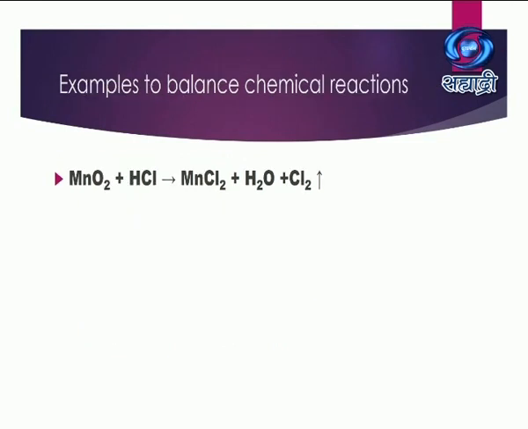Another example, one more. Now you are very much habituated to solve the chemical reactions and balance them. MnO2 plus HCl gives MnCl2 plus H2O plus Cl2 gas. Try to solve this and balance this.